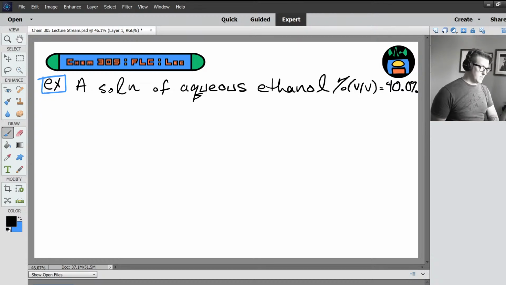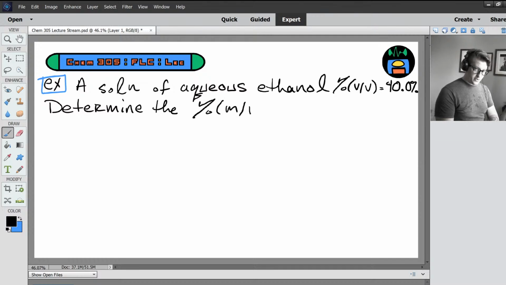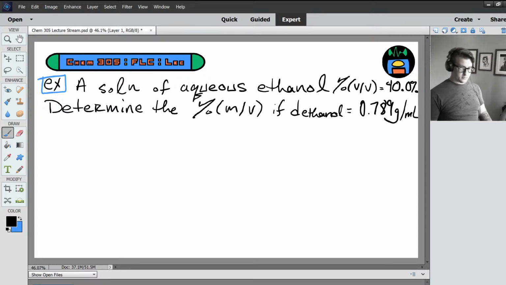That's the percent volume to volume. Determine the percent mass to volume if the density of ethanol is 0.789 grams per mL.